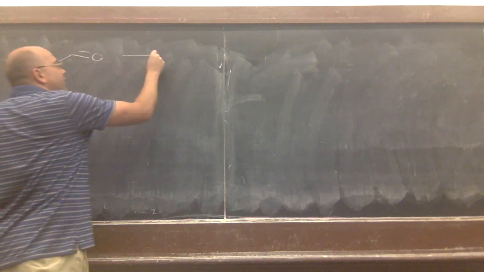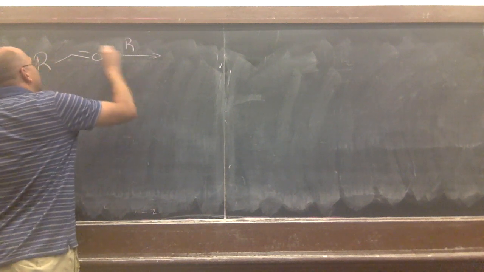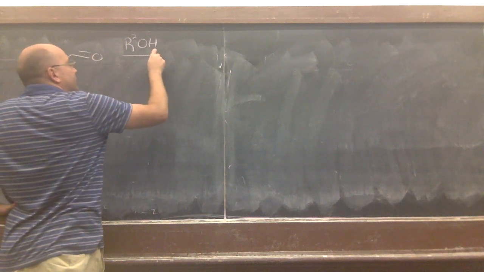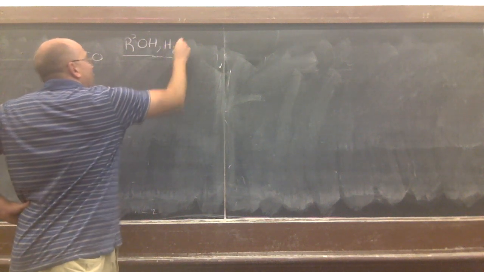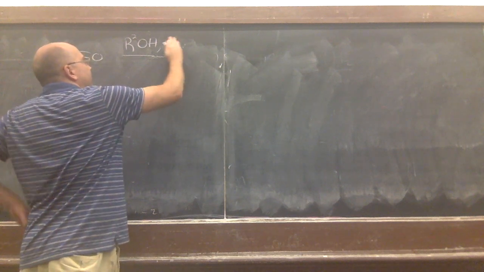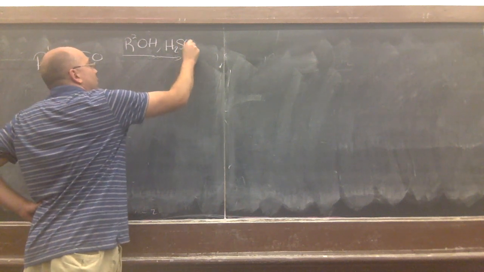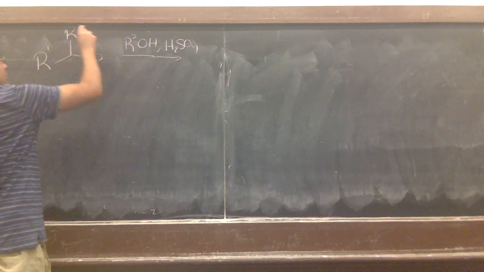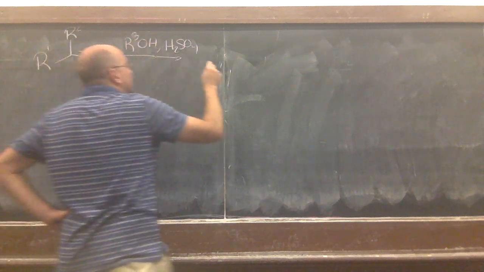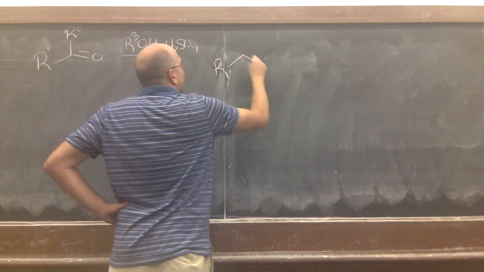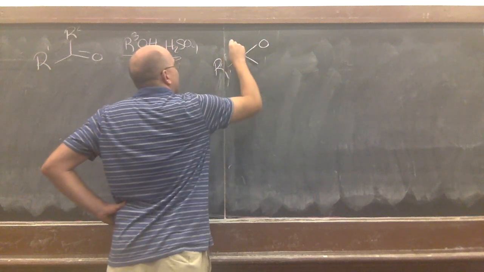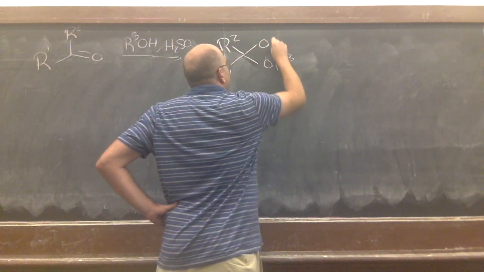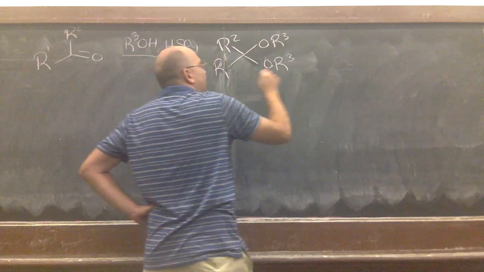But I just want to restate that if you have, say, R2OH and water, sorry, and acid, say something like H2SO4, we will get molecules that look like this, right?